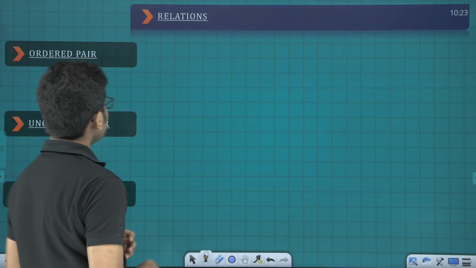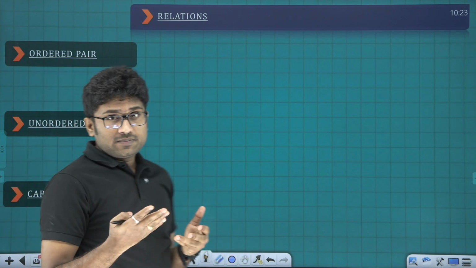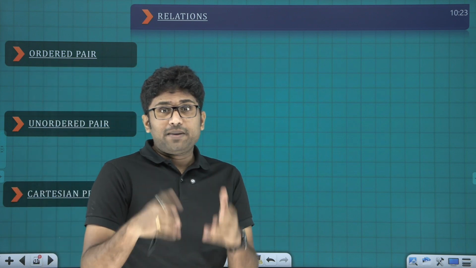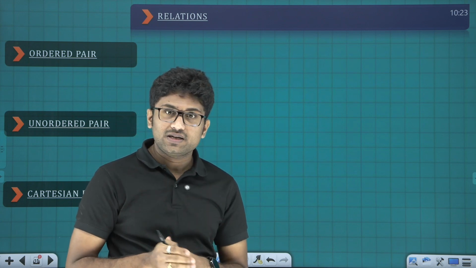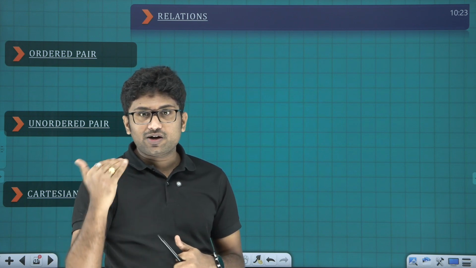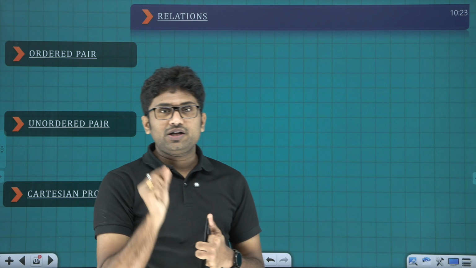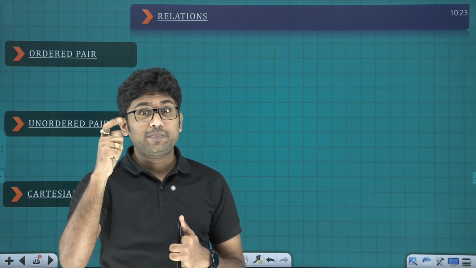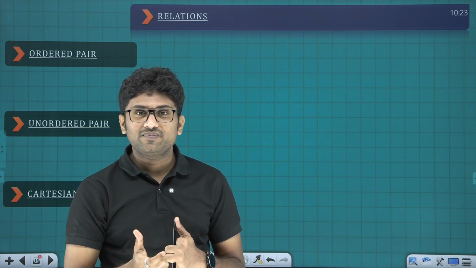First, ordered pair. Two elements, a pair of elements enclosed in parentheses, represented or given in a particular order, we call it an ordered pair. The best example of an ordered pair is, how do we represent a point in the Cartesian plane? Every point in the Cartesian plane is represented as an ordered pair of two coordinates, x coordinate comma y coordinate. Can we interchange x and y?